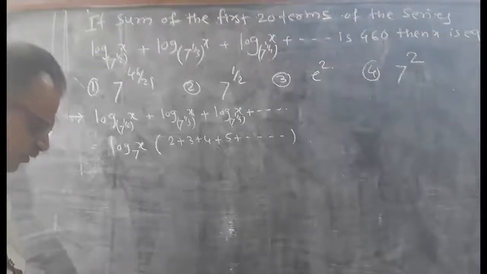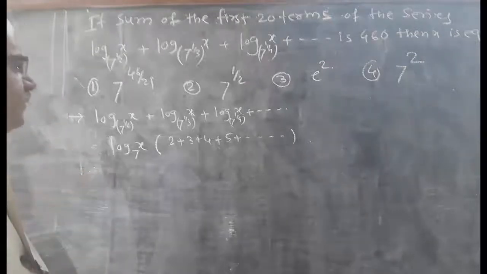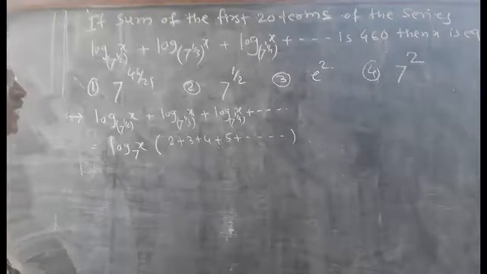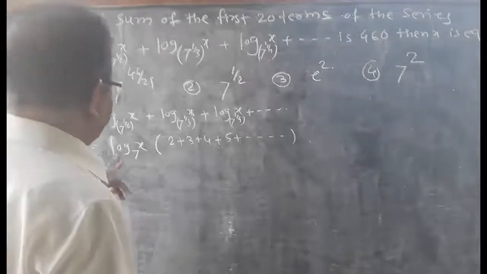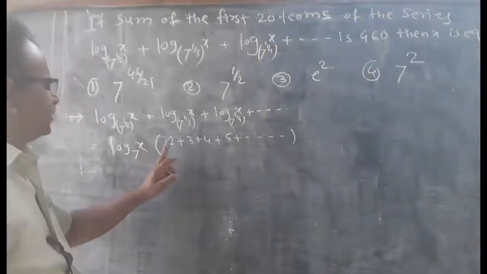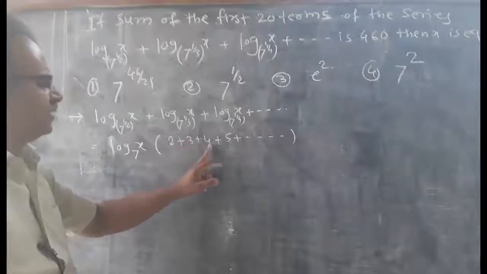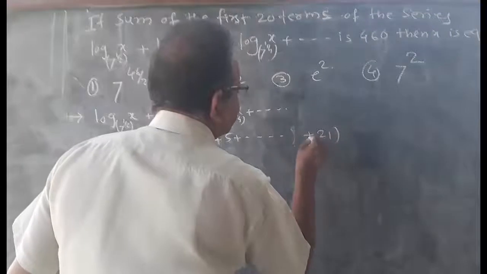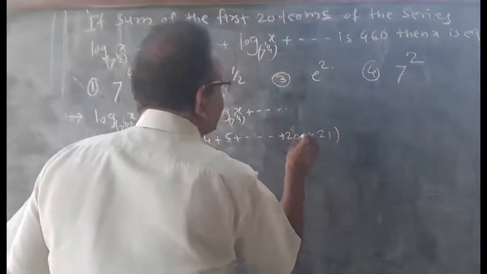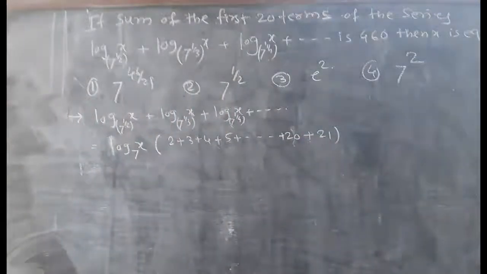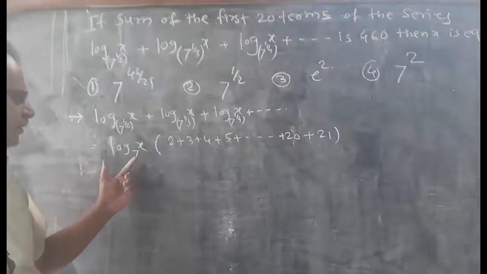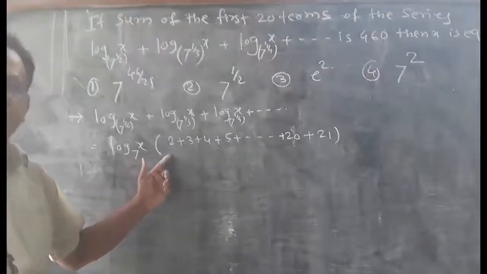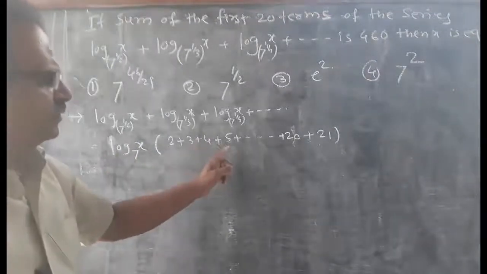Here we have to take the sum of the first 20 terms. Therefore here first term is 2, second term is 3, third term is 4. Therefore last term will be 21. Therefore log of x to the base 7 into (2 plus 3 plus 4 plus 5 up to 21).